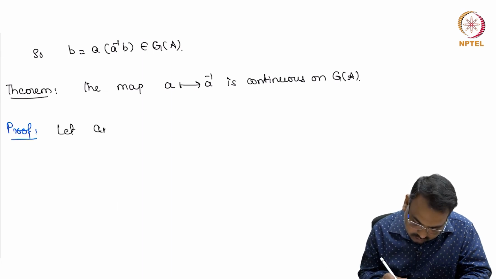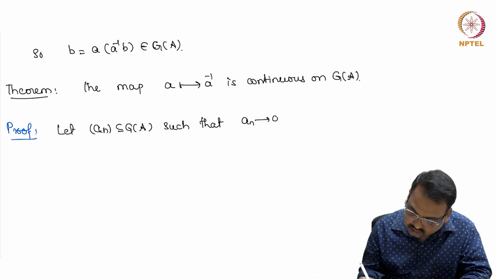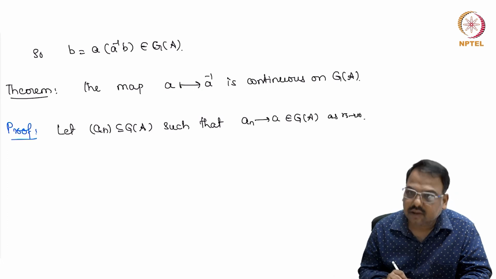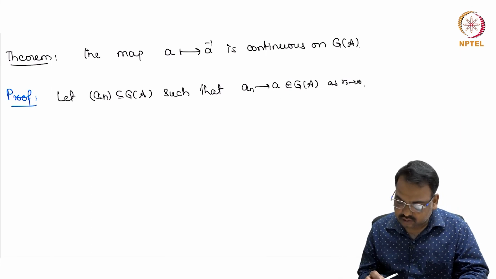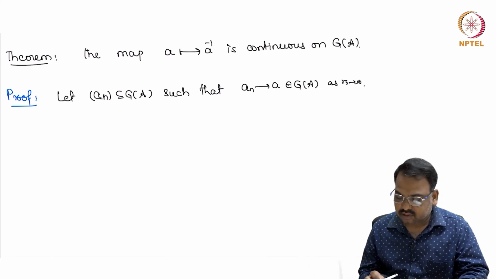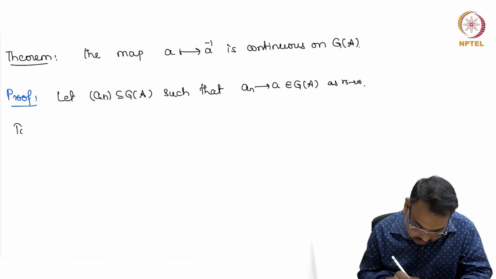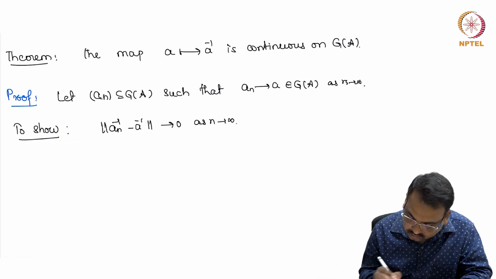Let A_n be a sequence of elements in GA such that A_n converges to A in GA. Now we want to show that A_n inverse minus A inverse converges to 0.